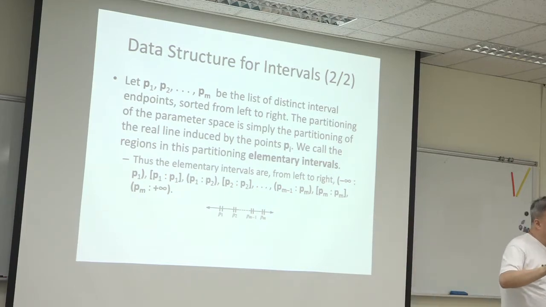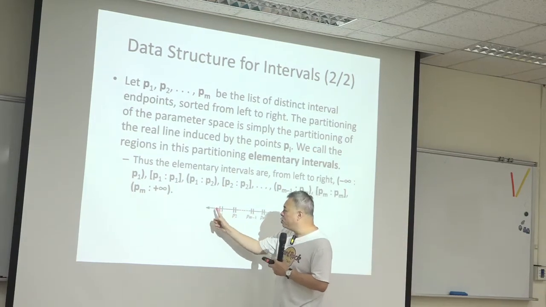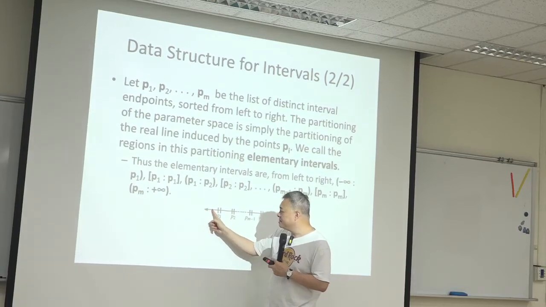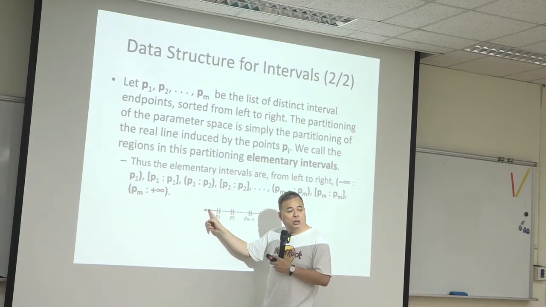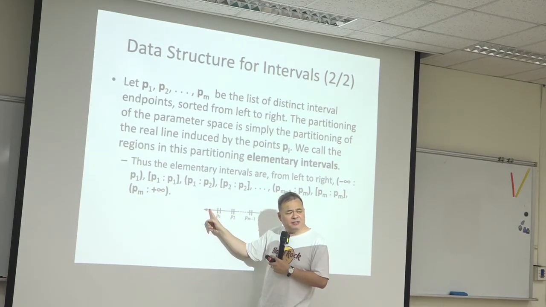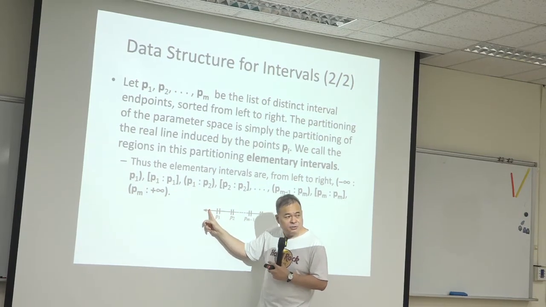So why do we partition the space like that? Think about this. If Qx is in here, what is your answer? Nothing. Great.